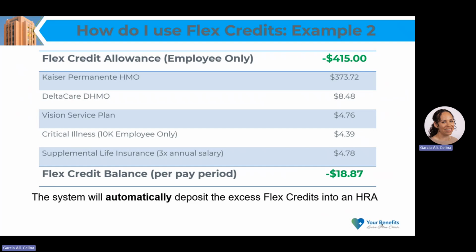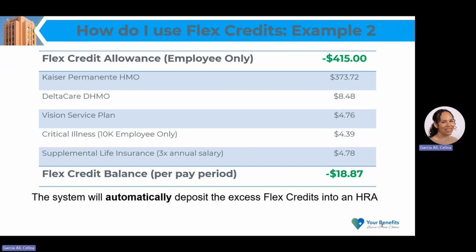In this example, the employee has what we call excess flex credits or leftover flex credits of $18.87. Now, remember, I previously mentioned that the county does not cash out employees for unused flex credits. So the employee will not receive $18.87 in their paycheck. That $18.87 goes to the appropriate spending account.